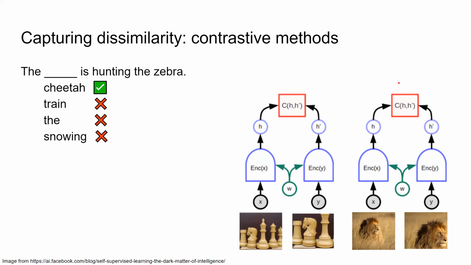But then you can say, aha, if I take any of these two chess representations and compare it with any of the two lion representations, well, they should be different, because chess pieces and lions are not the same thing.